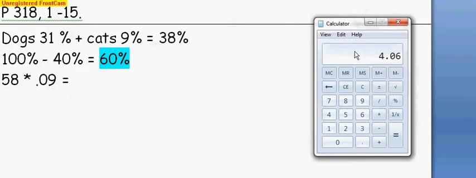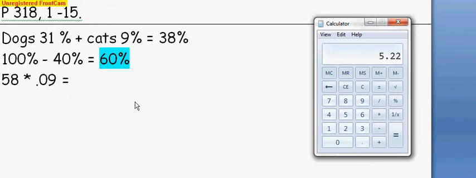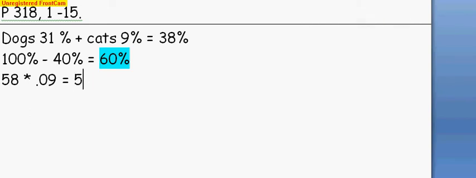So let's do this again. 58 times 0.09, because that's 9%, is 5.22. Well, we cannot have 5.22 cats, so we're going to say there are 5 cats. Okay, so that's letter C.